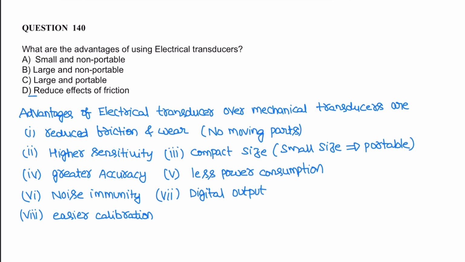Their power consumption is also less, with more accuracy, less noise, and easier calibration with digital output. So the advantage of electrical transducers is that they reduce the effects of friction. They are small in size and portable, so large and portable is wrong. The correct option is D, reduces the effect of friction.